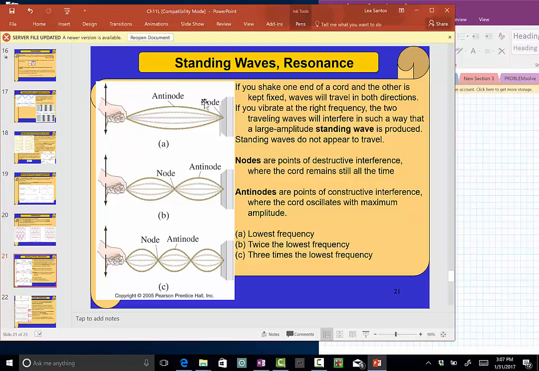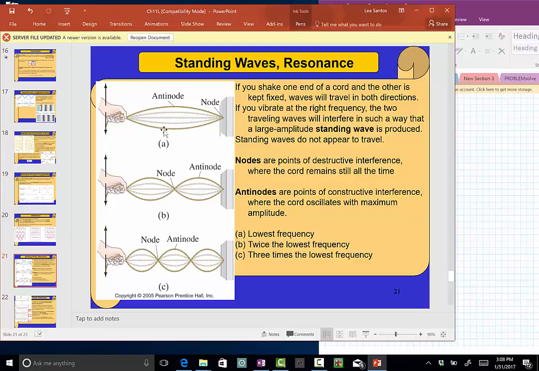Now, depending on the frequency, we get different shapes of these standing waves. This first one that we are seeing here, where I have just this node at the edge, is called the first harmonic, and we'll talk more about it. But as we increase the frequency, you see new nodes showing up in the middle between my hand and that edge.